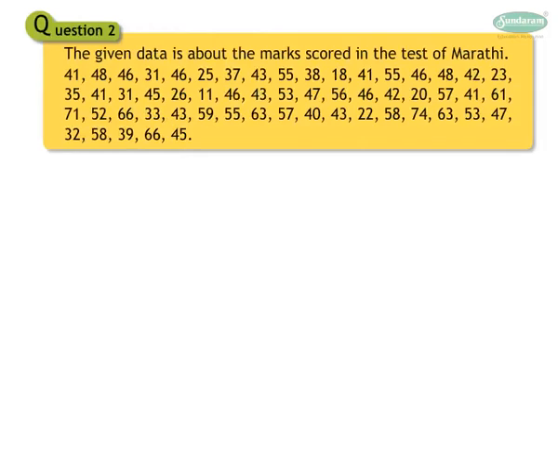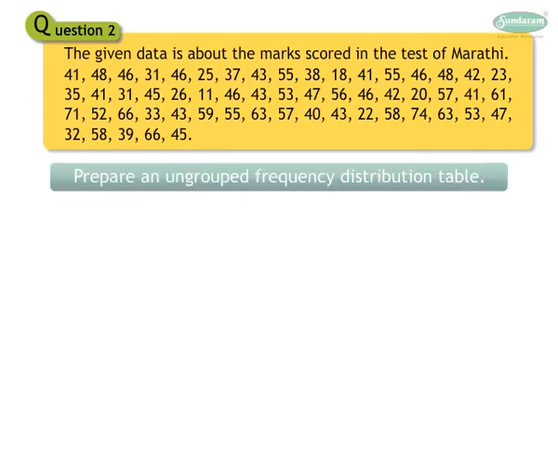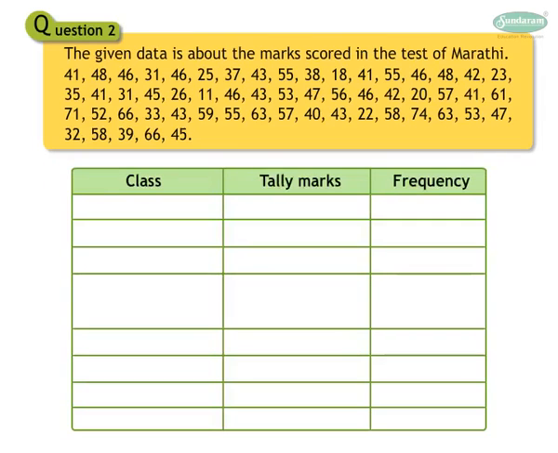Question 2. The given data is about the marks scored in the test of Marathi. We are asked to prepare a grouped frequency distribution table. Give class as heading to the first column. In grouped frequency distribution table, we will distribute the numbers in groups as 11 to 20, 21 to 30, 31 to 40 and so on.